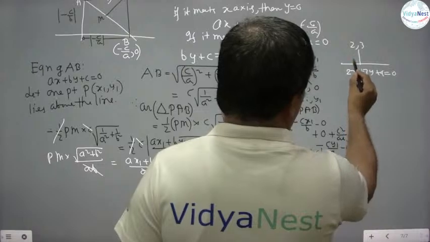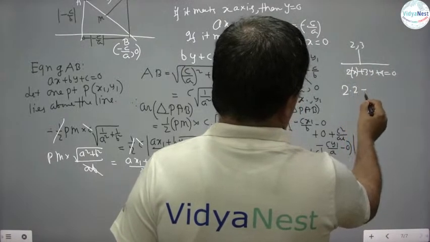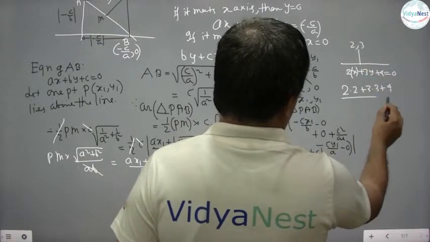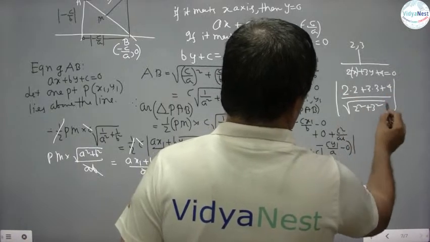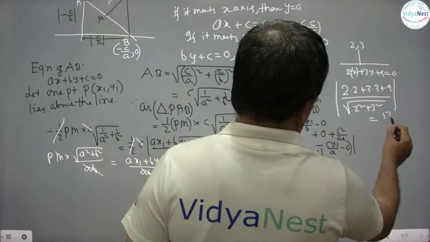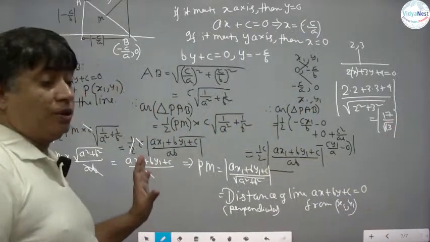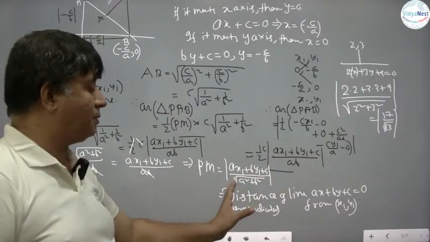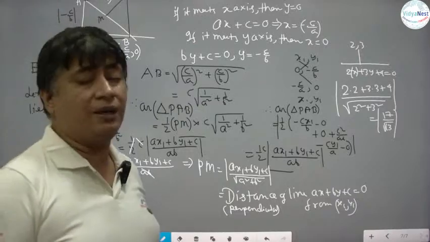What is the perpendicular distance? Put 2 in place of x1, 3 in place of y1, plus 4, by root over of this. So 4 plus 9 plus 4, 17 by root 13. Hope you could follow. That is one of the most important properties in straight line. Distance of a line means perpendicular distance of ax plus by plus c from x1, y1.